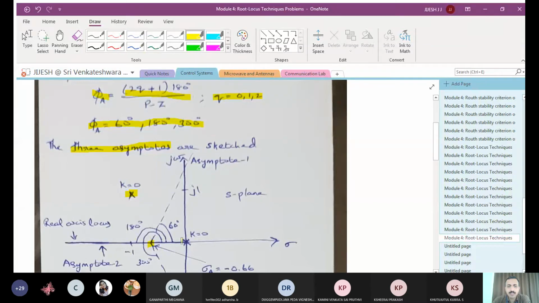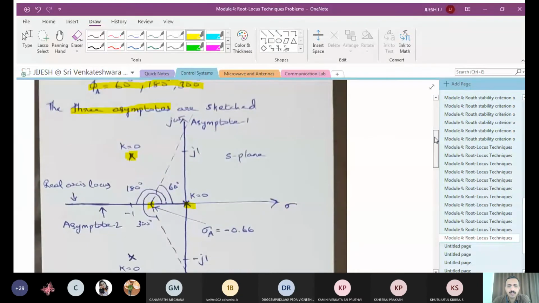You also can see that the poles are plotted at s equal to 0, and this is the point minus 1 plus j1, and you can see that one more pole is there at minus 1 minus j1. So that is also plotted. Asymptotes are plotted for 60 and 180 as well as 300.